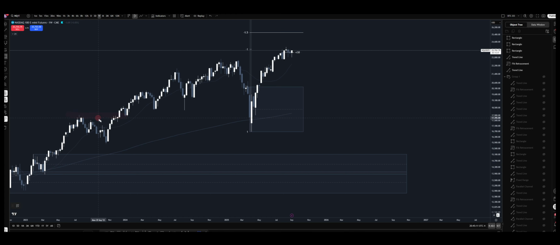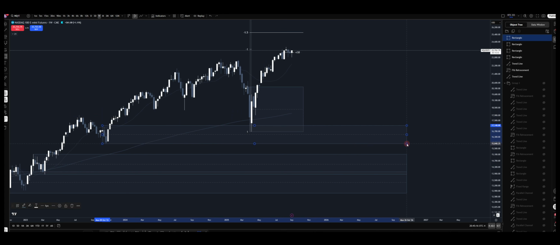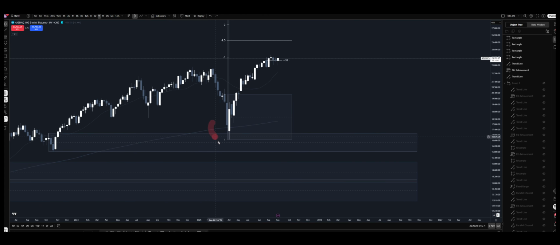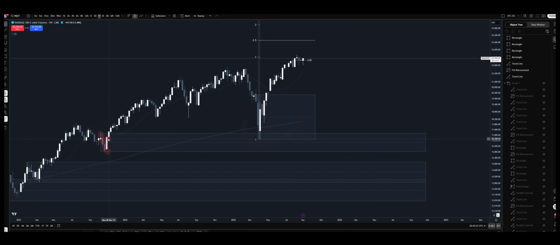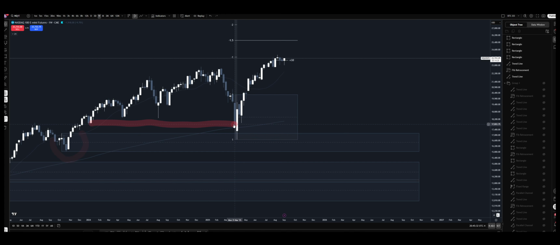So we can keep drawing on those manipulation swings. And a good example here with this low, price comes back. So this was unmitigated. So shorts were used here to take out these lows to build the long position. And then price needs to come back and mitigate those positions. We build up equal lows along here, and we come back, mitigate.